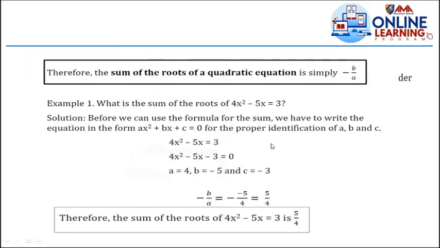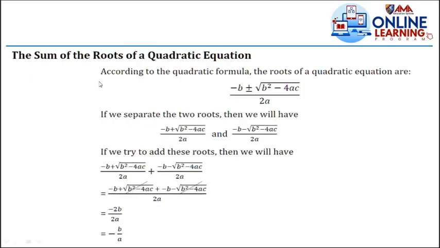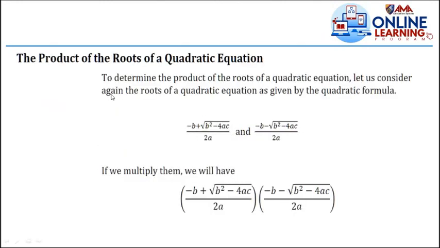Yung ginawa po natin kanina is addition. By this time, we have now the multiplication. If we multiply them, we will have negative b plus the square root of b squared minus 4ac all over 2a multiplied by negative b minus the square root of b squared minus 4ac all over 2a. So, multiply natin itong dalawa.